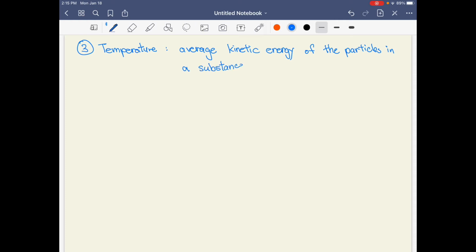So when you're measuring the temperature of something, you're actually measuring how fast these particles are moving. That's all it is. What we're going to use is degrees Celsius. We're not going to use degrees Fahrenheit. And since we're not talking about ideal situations, we're not going to be talking about Kelvin either. So all our measurements in calorimetry are going to be based on degrees Celsius.